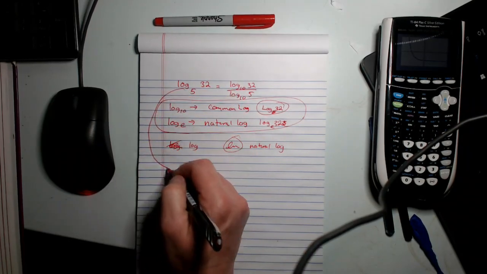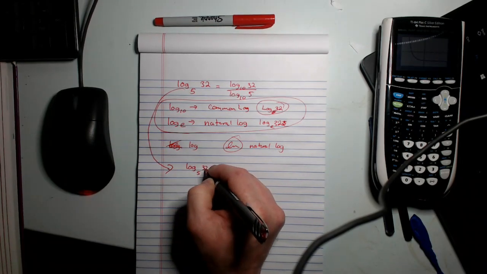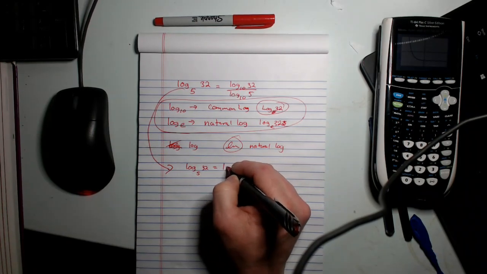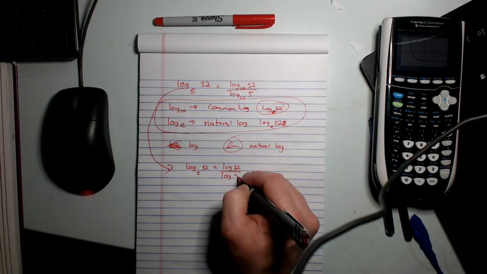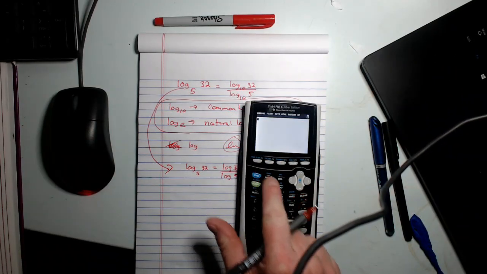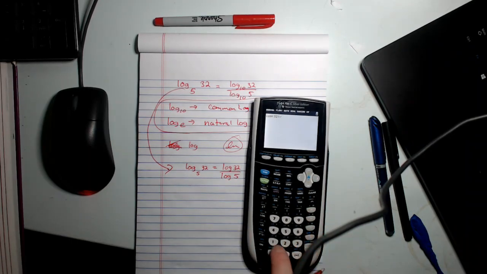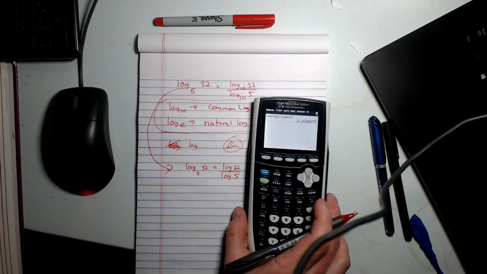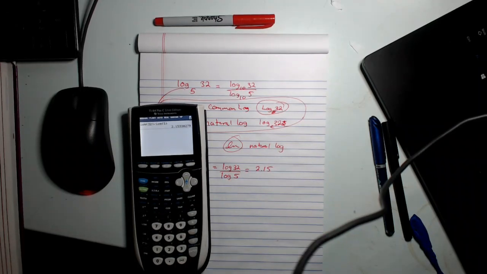So now if we come back to this example where I have log base 5 of 32, I can separate that into the common log of 32 over the common log of 5. And then I'm just going to take my calculator and do the log of 32 divided by the log of 5. And I'm going to get 2.15. Now it doesn't matter if I use the common log or the natural log.